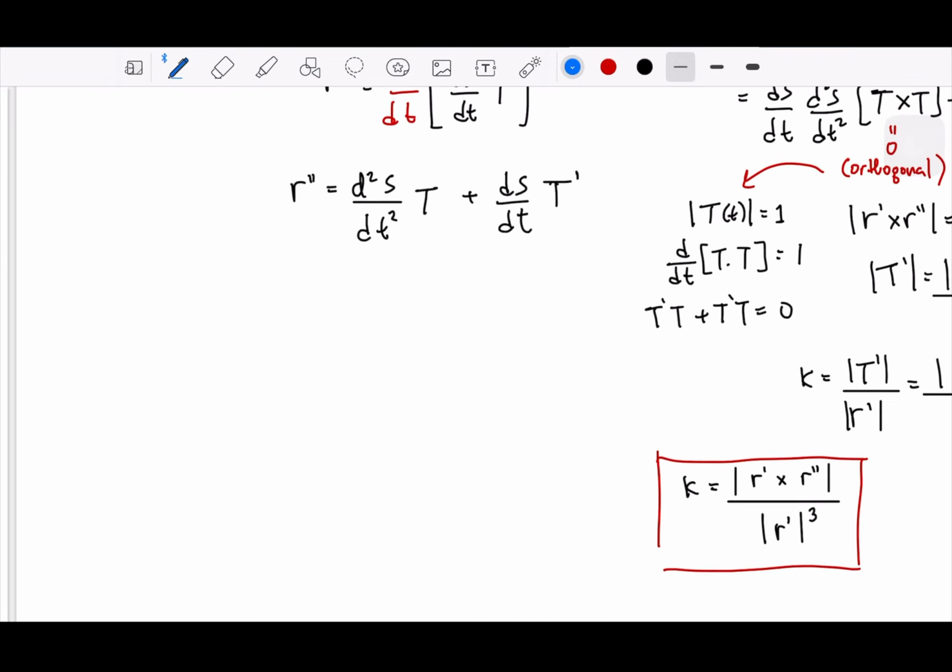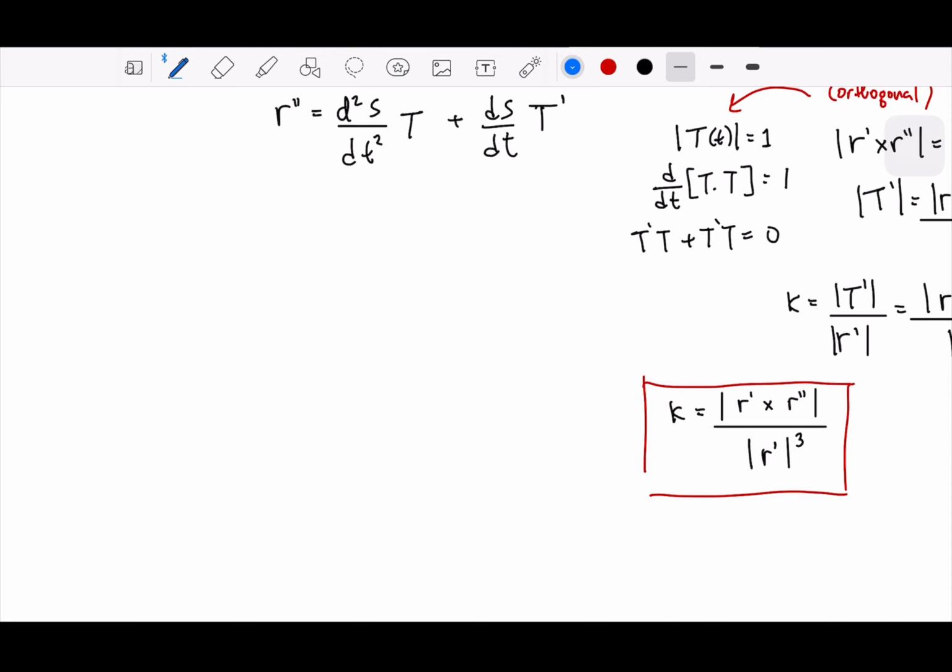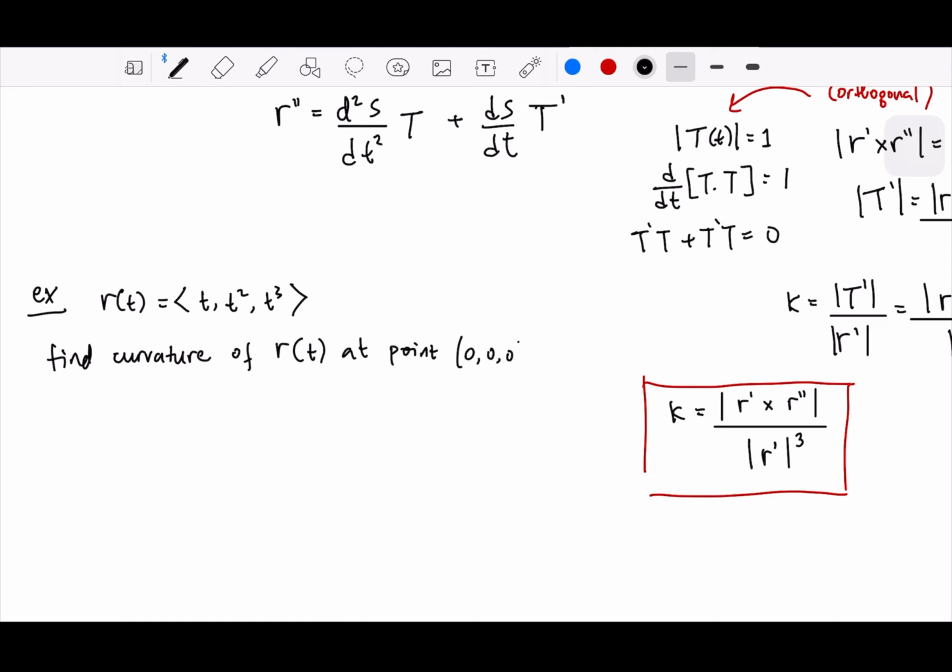Okay. Now let's have an example. Find the curvature of the function r(t), which we call the twisted cubic, just at the origin.